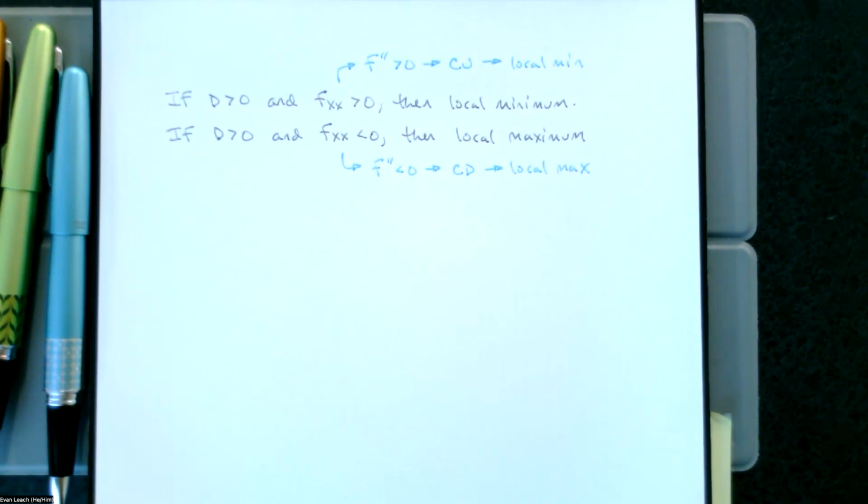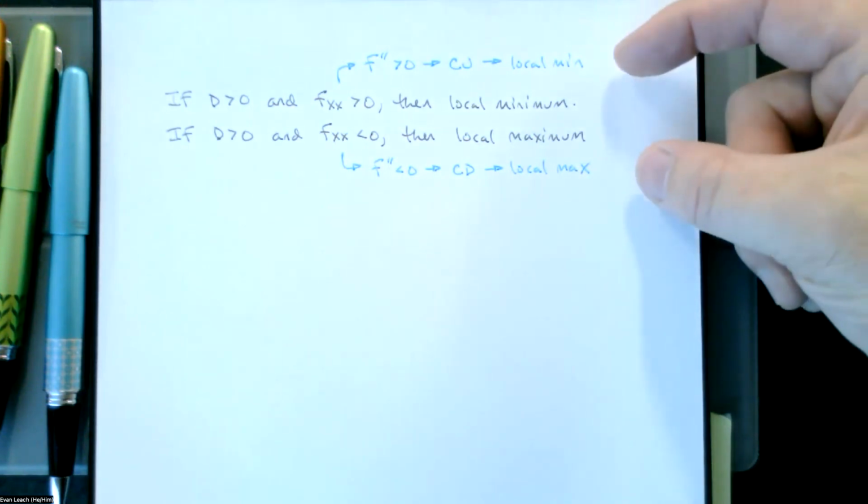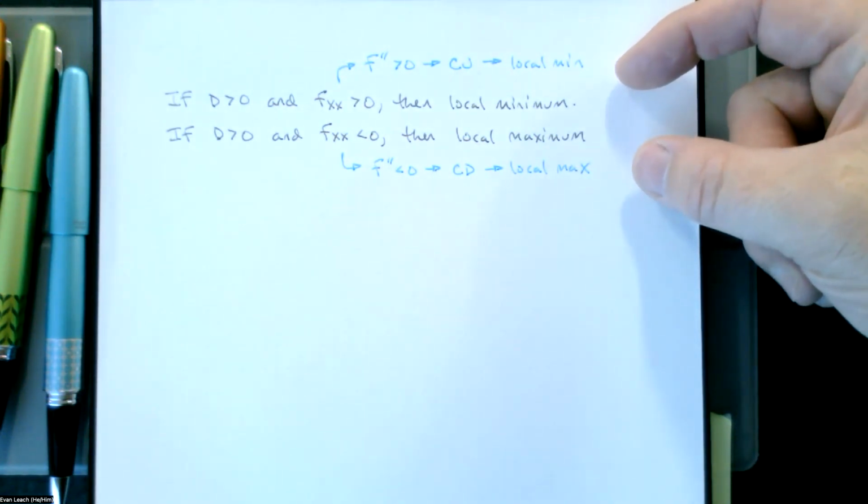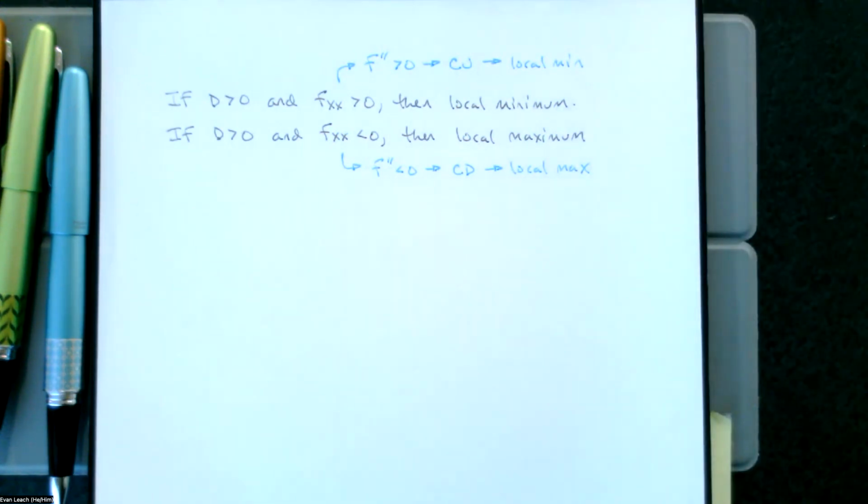Notice that I'm making this second derivative observation based on only one of my second derivatives, the fxx. But that's not the only thing that we're looking at. We're also noticing that the D part is positive.